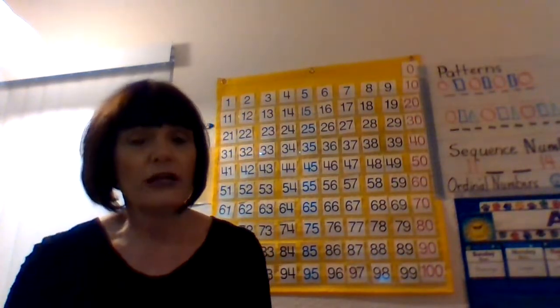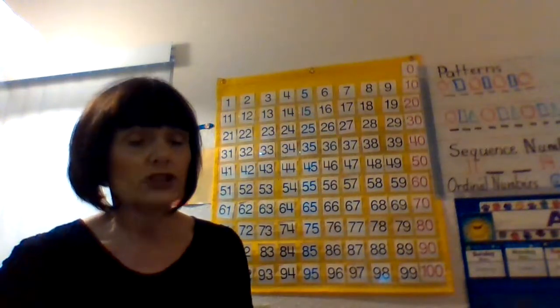So let's start and let's do our clap, our cheer. Ready? For even numbers. Ready? 0, 2, 4, 6, 8. Even numbers are really great. All right, let's start counting.